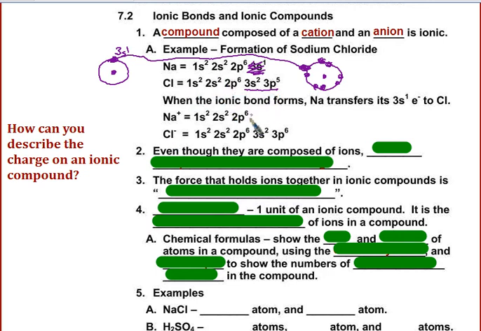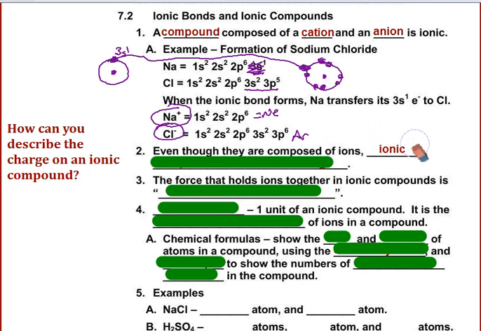And lo and behold, this one now kind of looks like neon, and this one kind of looks like argon. And they're both happy, but they both have a charge. The sodium now has a plus charge, the chlorine has a minus charge, and as we know about charges, opposites attract. And so it's this positive negative charge that attracts them to each other and keeps them together.